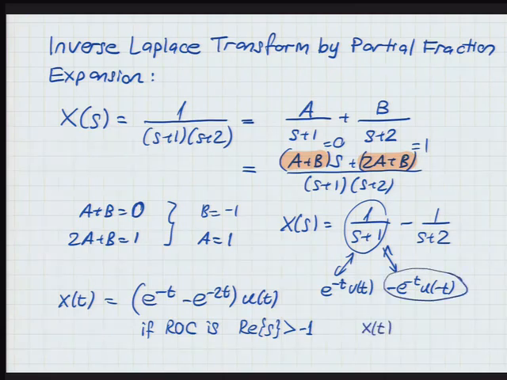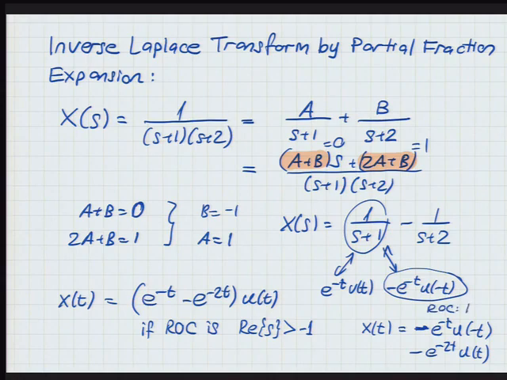like take this one for this, e to negative t, u of negative t, and for the other one, take what you told me, which is e to negative 2t, u of t. Right? Now, let's see, what would be the ROC for this? If that were the answer, what would be the ROC? So for the first one, you have to be smaller than negative 1, right?